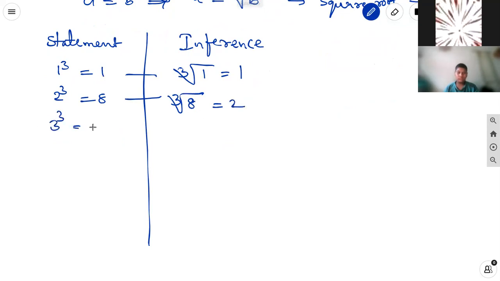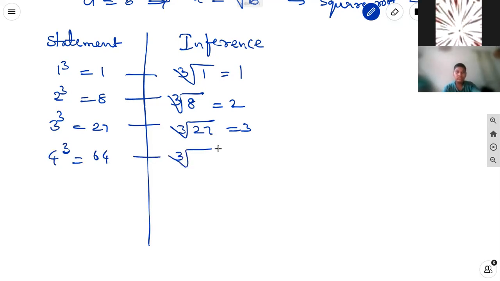3 cube equal to 27. From this, cube root of 27 is equal to 3. 4 cube is equal to 64. From this, cube root of 64 is equal to 4. 5 cube is equal to 125.